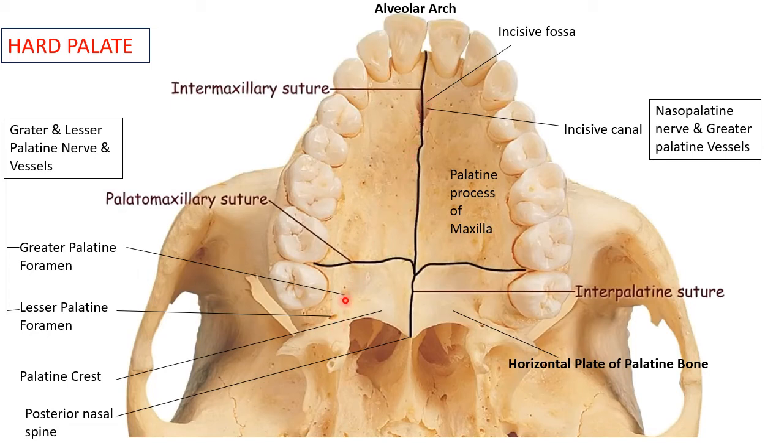Posteriorly, in this region, there is one large opening and one small. The larger one is called the greater palatine foramen, and through this pass the greater palatine nerve and vessels. Posterior to it is another foramen called the lesser palatine foramen, through which pass the lesser palatine nerve and vessels.